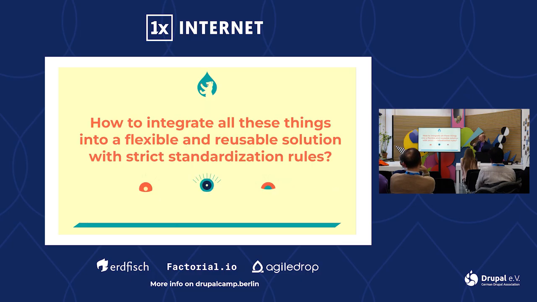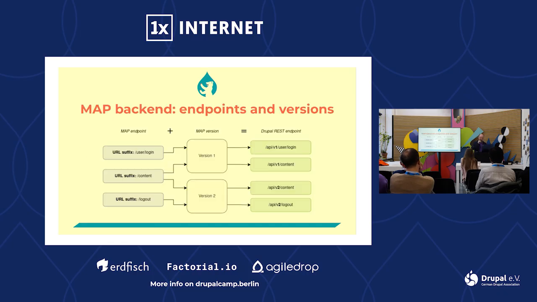And now, the main question. We should combine this into something flexible, reusable, with strict rules. Because every one of these points I described is quite flexible, but we need strict rules. Then we decided that we should have an abstraction, map endpoint, that should have some kind of URL suffix.